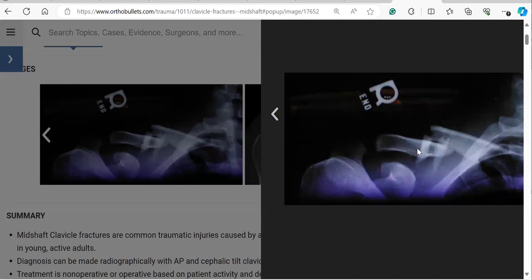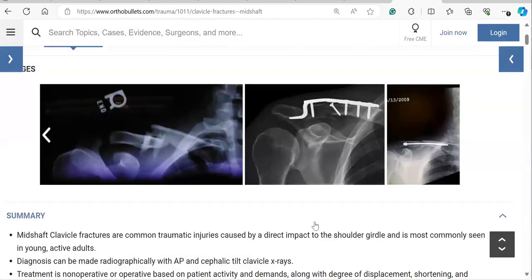So middle shaft fracture, most of the time your answer will be just sling. Unless it is like this, in those cases we go for reduction. Okay? And definitely any open fracture will need open reduction and internal fixation. And for clavicle fracture, skin tenting, neurovascular injury will need open reduction as well.